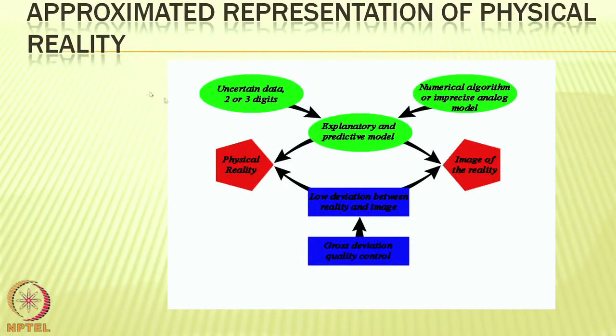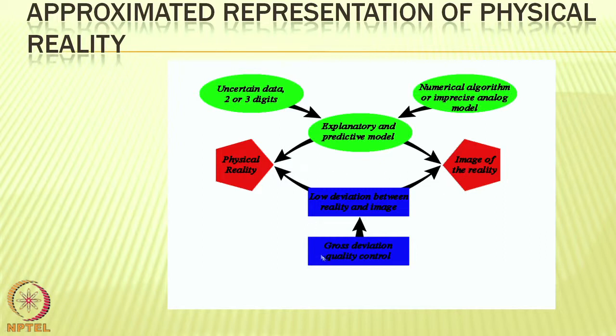For example, if you have uncertain data which have 2-3 digits, if you have a numerical algorithm or imprecise analog model, if you want to explain the behavior of these in terms of a predictive model, then one can either go for physical reality or image of the reality. In both the cases, one should ensure that there is a low deviation between the reality and the image.